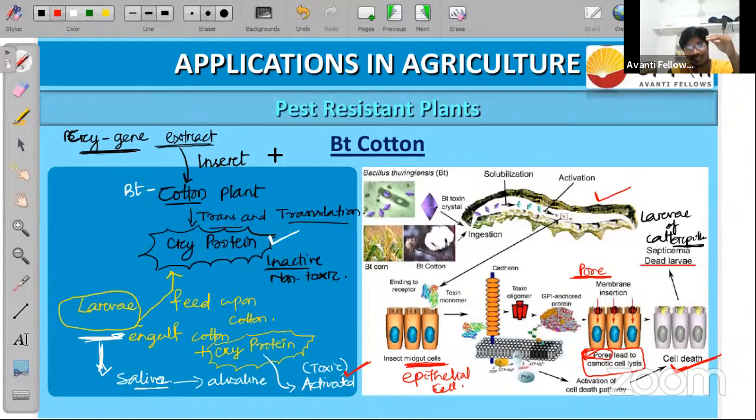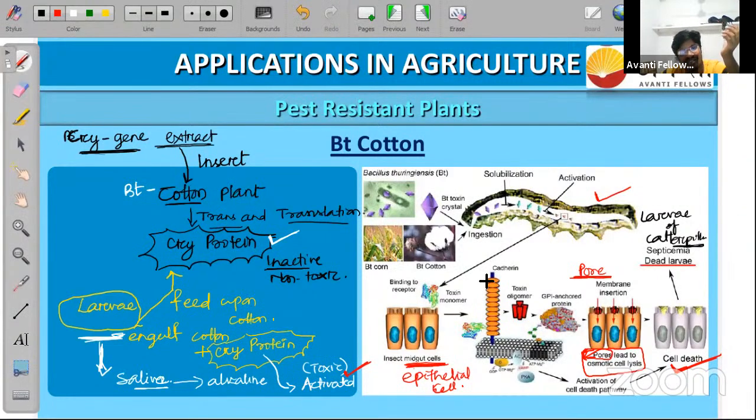Normal cotton, how they are made into Bt cotton. Okay, normal cotton में जो भी process I explained to you in the biotechnology principles and processes, plasmid and all other things, gene of interest will be inserted into the cotton. Normal cotton will be there, that cotton will be inserted with gene of interest, which gene, cry gene, will be inserted into the cotton plant by the help of plasmid or any other things.